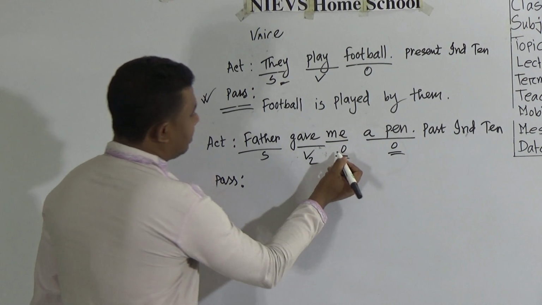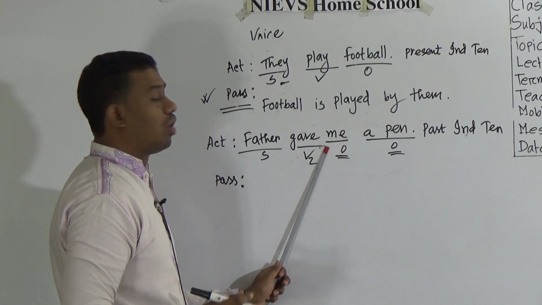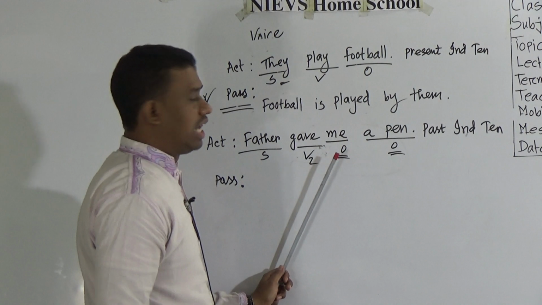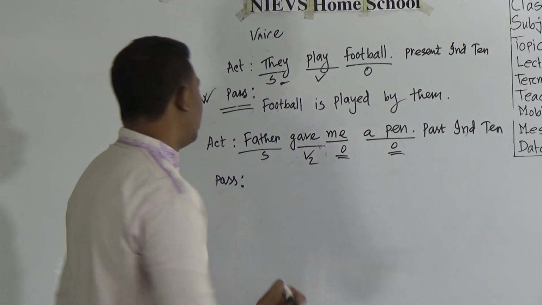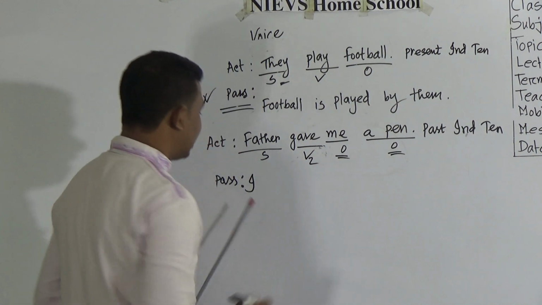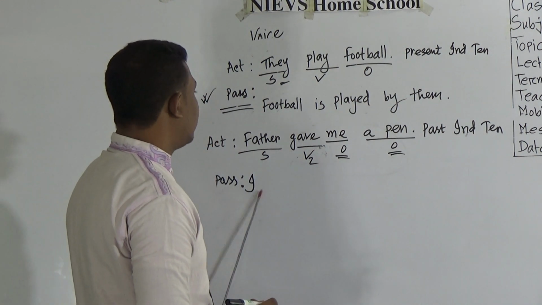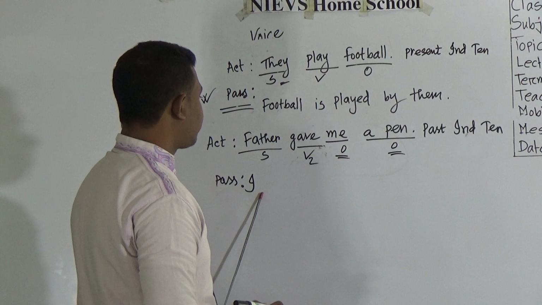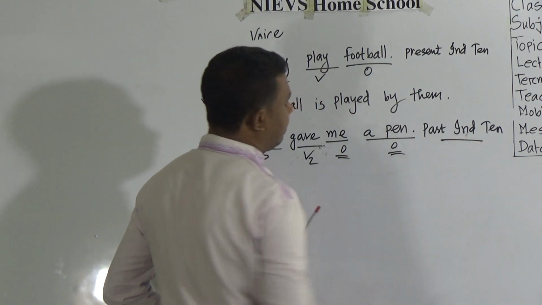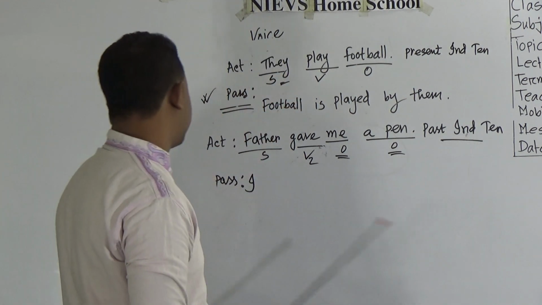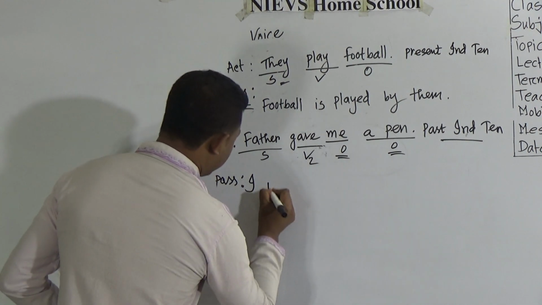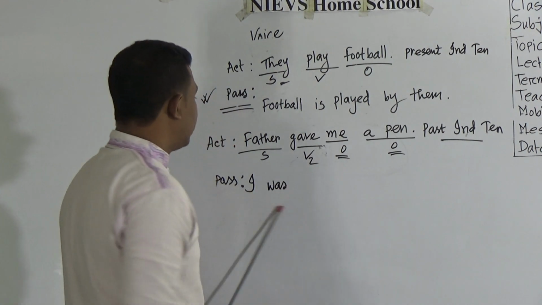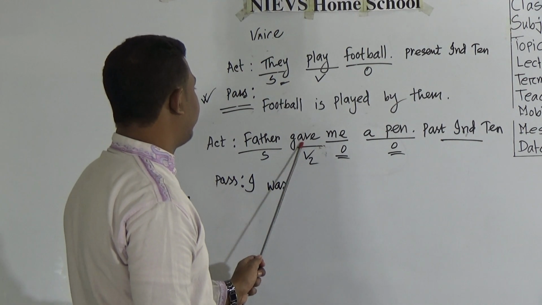First of all, me is the objective form of I. So I would be at the beginning. Then I takes the auxiliary verb. For past indefinite tense, I told you it is was or were. So I takes "was." Then the main verb, gave.